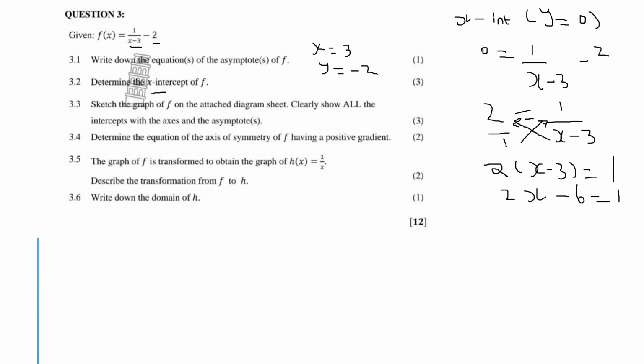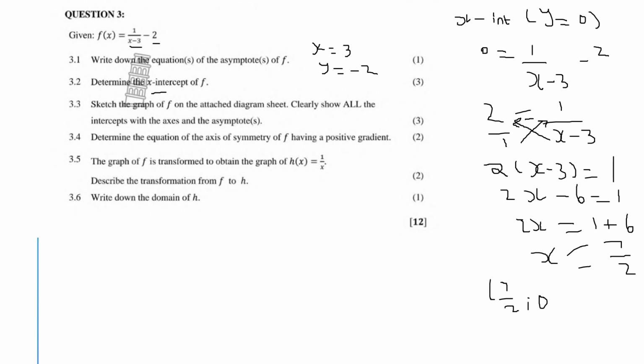Then 6 goes to the other side, so 2x will be equal to 1 plus 6, which is 7. Therefore 2x is equal to 7, and you divide both sides by 2, so x will be 7 divided by 2. So my x-intercept here will be 7 over 2 and 0, because y is 0.